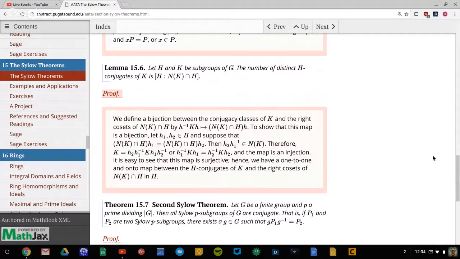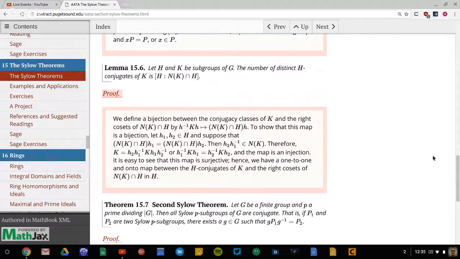So that's our mapping. All we have to prove, to show that there's the same number of distinct H conjugates of K and right cosets of that subgroup in H, is to show that that map is a bijection.